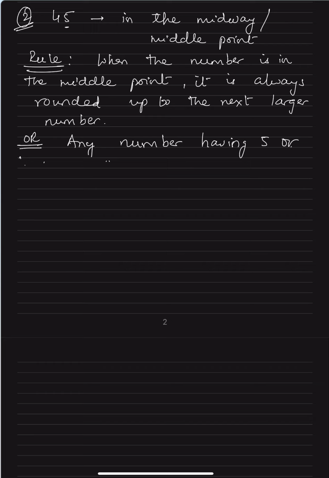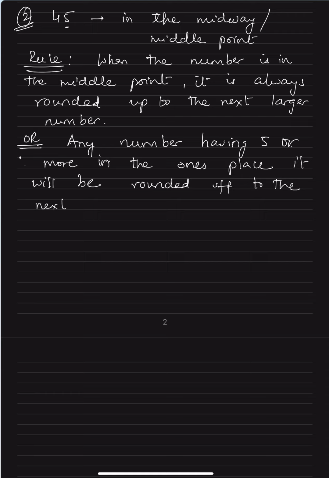Let us write 5 or more in the ones place. Then what will happen? Then it will be rounded off to the next larger number, or you can say next multiple of 10.